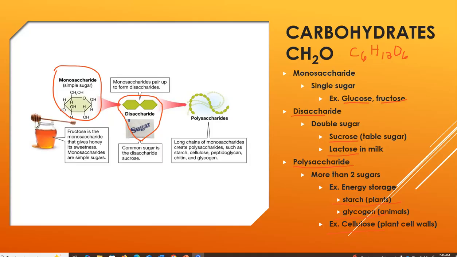So starch is a carbohydrate that plants produce. As they go through the process of photosynthesis, they are producing sugars. They are producing glucose. And if they don't need that glucose right away, they will start adding glucose molecules together to make the much larger polysaccharide of starch. And it's their extra energy reserves. They store it away, which is why we think of potatoes as having starch, because they're an underground storage organ for plants.